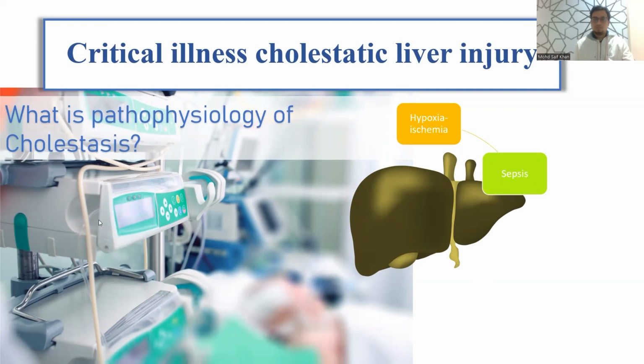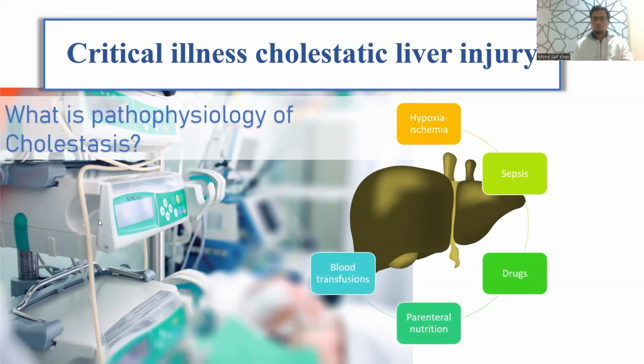And also hepatotoxic drugs, that is also very important. And when we are talking about drugs, we should not forget parenteral nutrition. So these are the common ones, and also blood transfusion overload. Okay, that is also one more cause. And when the patient is on a ventilator, then even positive end expiratory pressure, that is PEEP, or intermittent positive pressure, so any excessive pressure on the ventilator, can result in hypoxic liver injury or cholestatic liver injury.